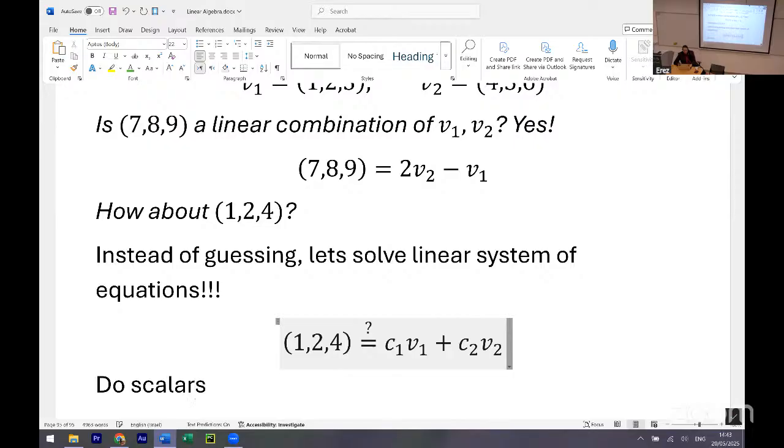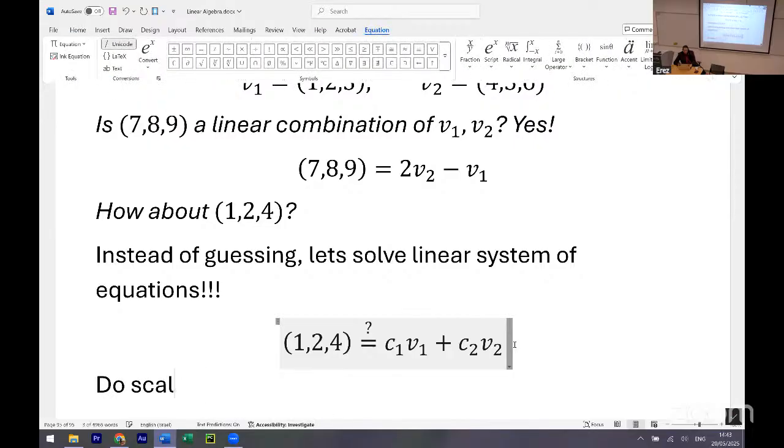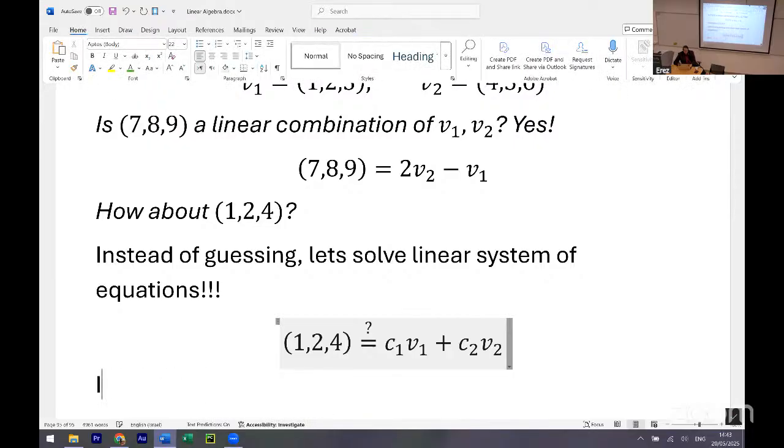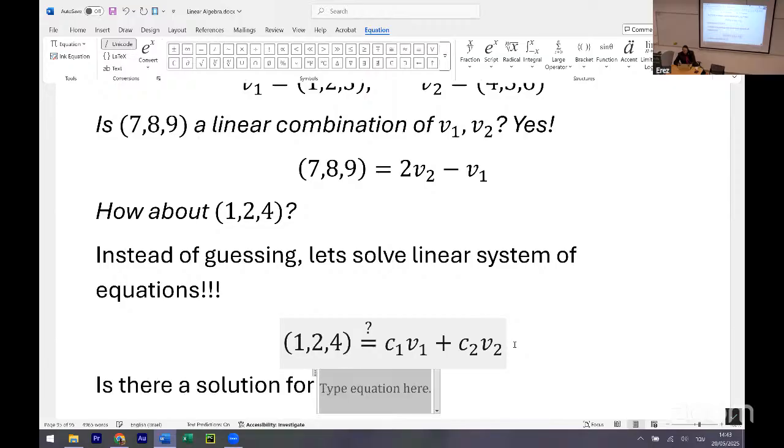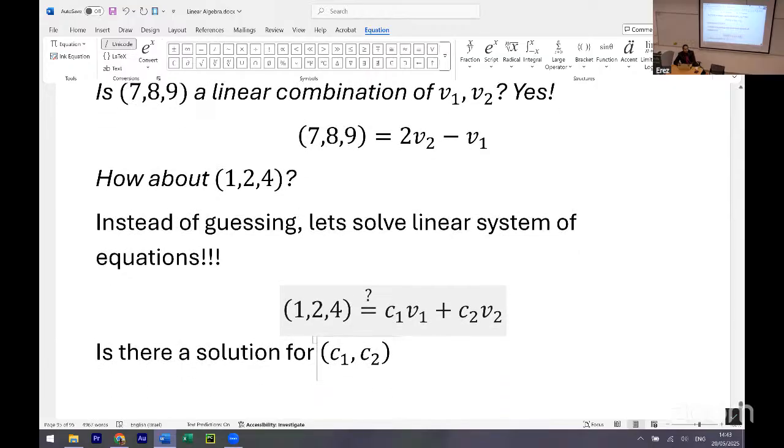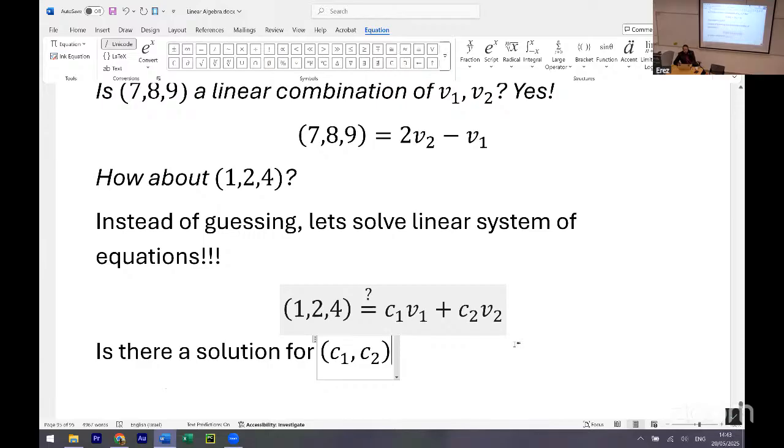Is there a solution for C1 and C2? That's the question. These are the variables of this system of equations. It looks like just one equation, but when I separate it into each coordinate, we'll get three equations.